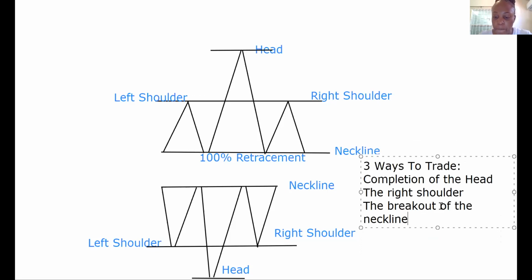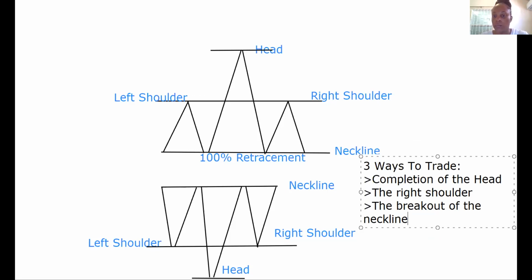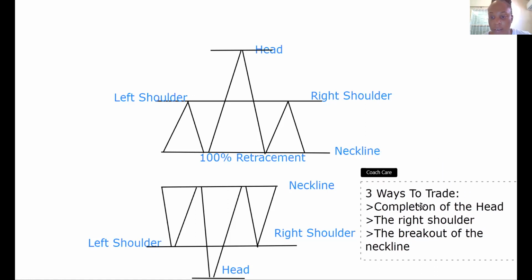Everybody got that? So there are 3 ways to trade the head and shoulder pattern: the completion of the head, the right shoulder, and the breakout of the neckline.